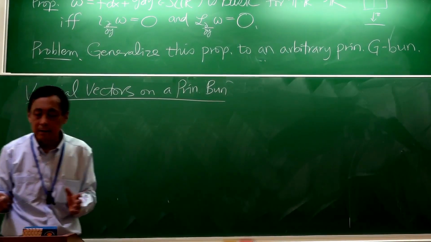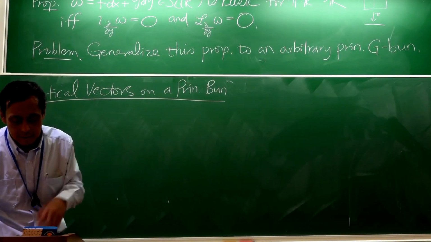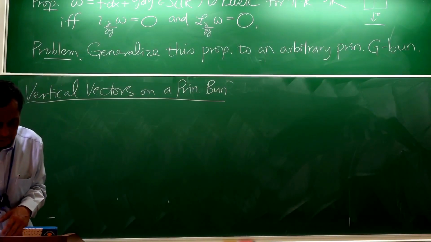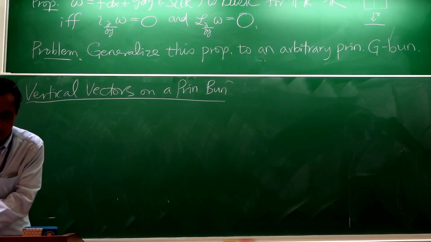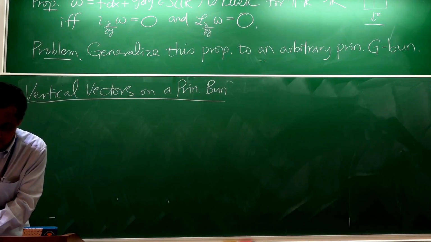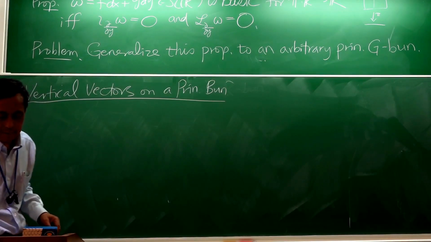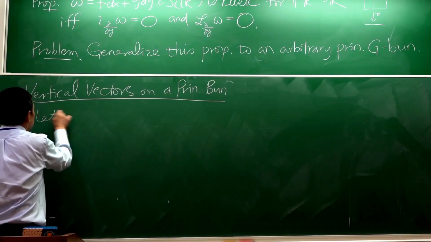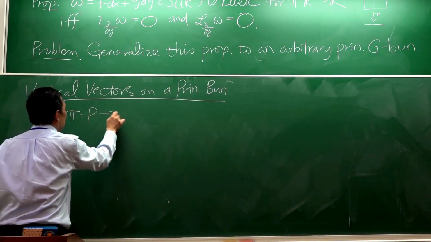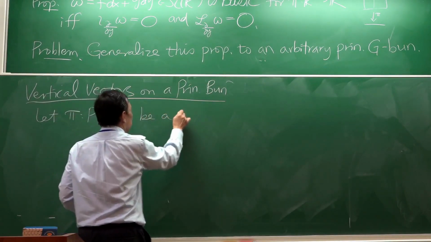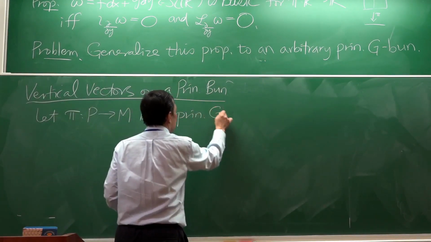Actually, you can define it, but let's just stick with principal bundles. I think the definition makes sense for any fiber bundle. But let pi from P to M be a principal G bundle.